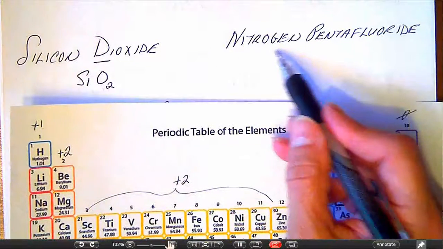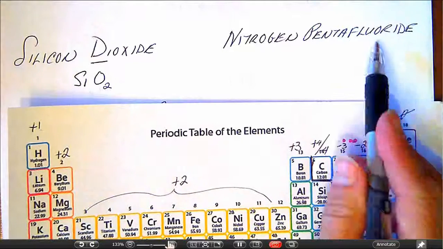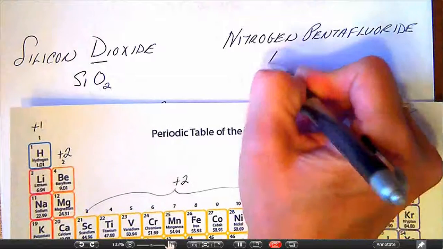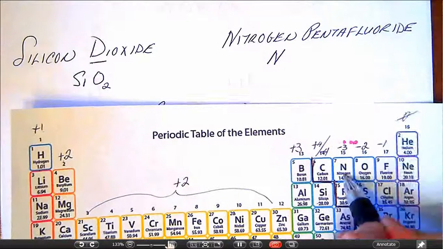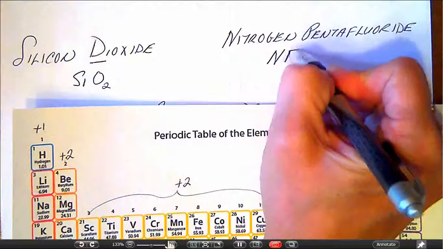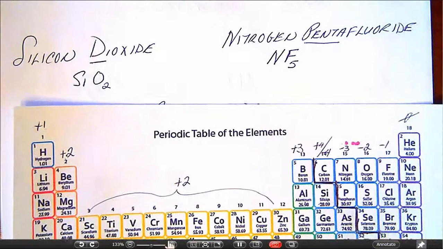Nitrogen, here on the nonmetal side, fluoride, nonmetal side. Nitrogen is N, fluoride F, and penta is 5.